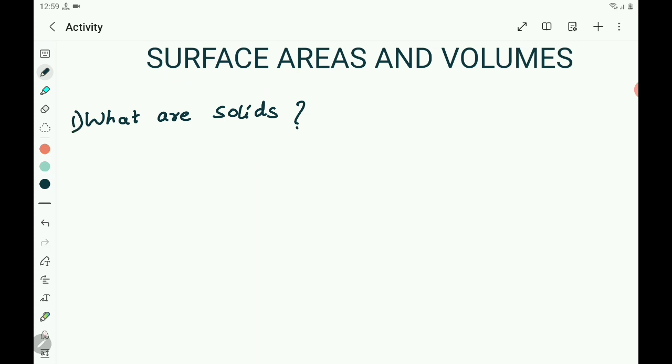What are solids? Solids are the three-dimensional geometrical objects having length, breadth and height. Write that.